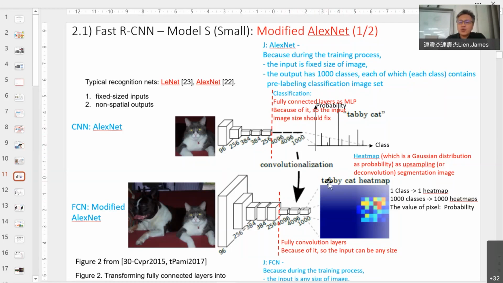For the convolutional one, your output will be 1,000 maps, which we call heat maps, one for each class.